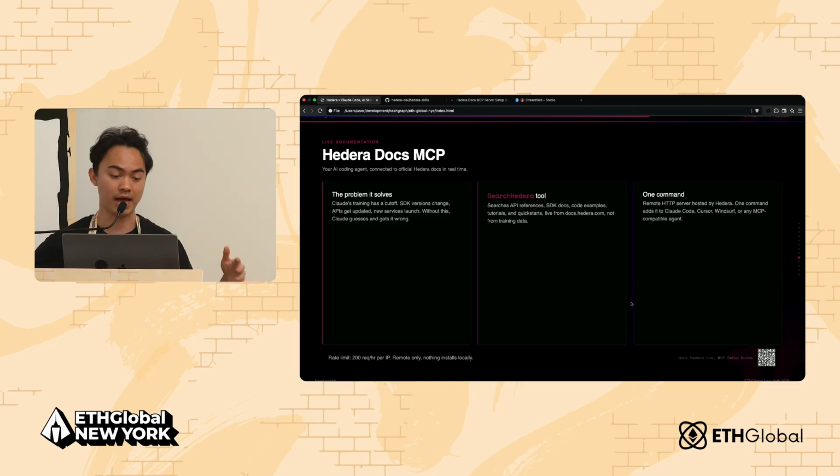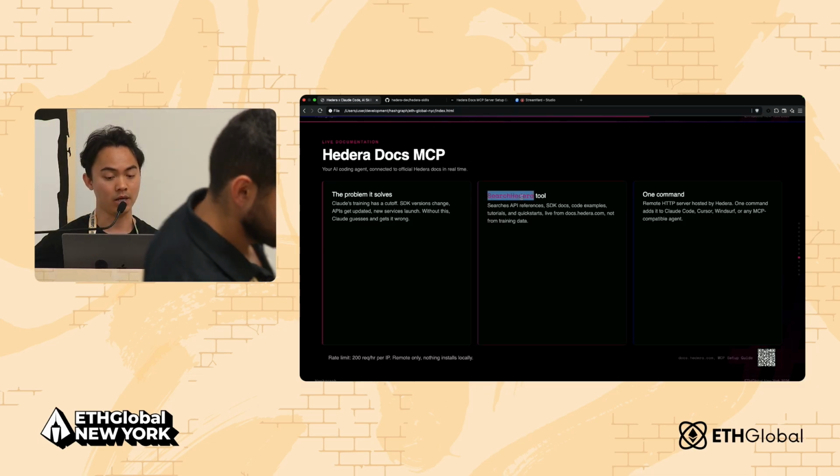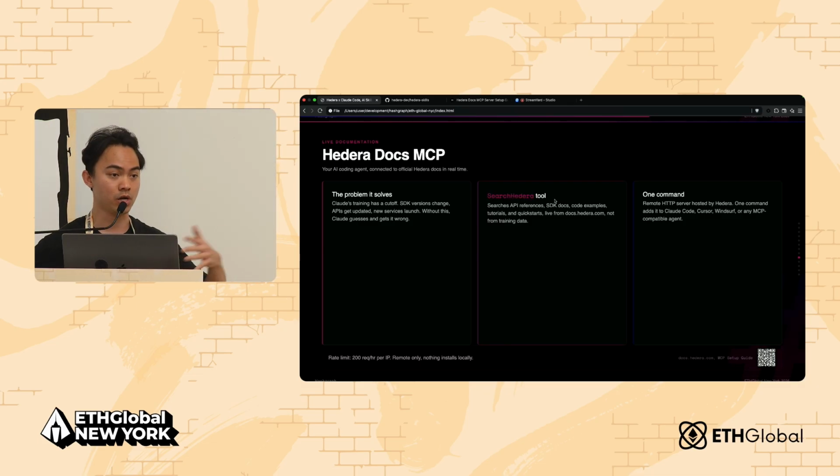They don't really have live information all the time. So there could be an SDK version update, or APIs got updated, or new services launched, and Claude wouldn't be able to quickly know them. This MCP server is from our documentation, which is powered by Mintlify, and we have a good MCP server over there.